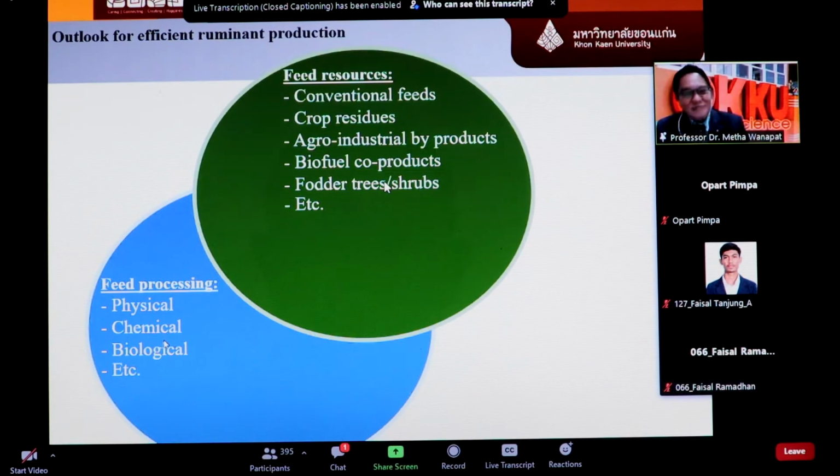And may I say that during my postdoc work, I was able to work with the most famous professor on straw improvement. He was Professor Frik Sundstol at the Agricultural University of Norway.